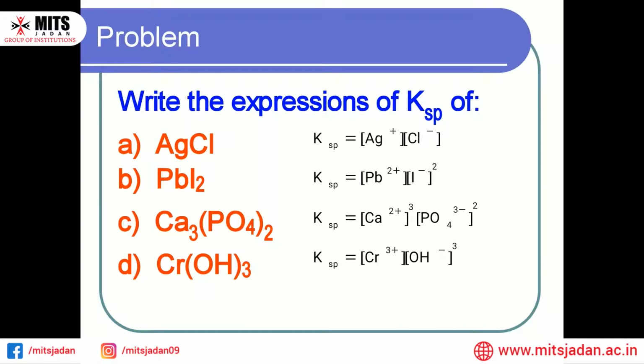In case of chromium hydroxide, it dissociates to give a chromium ion and 3 hydroxyl ions, and its KSP value is the product of the chromium ion concentration and the cube of the hydroxyl ion concentration. In this manner, we can easily write the expressions for KSP at the condition of equilibrium.